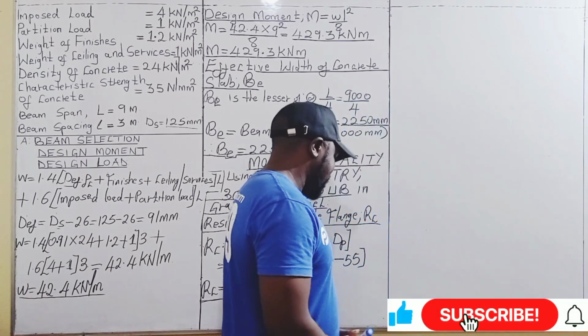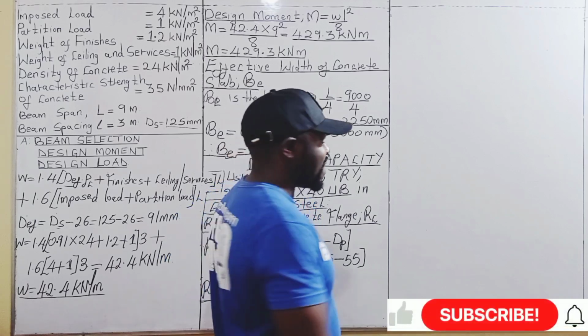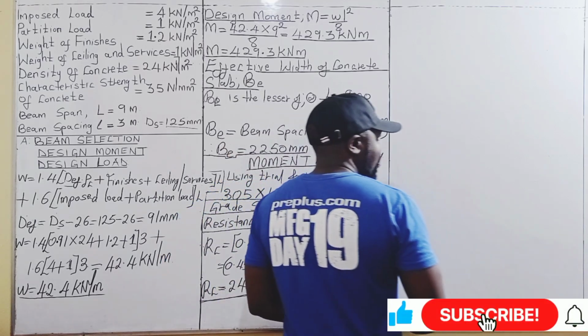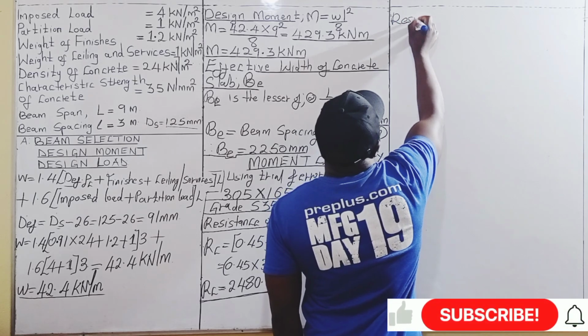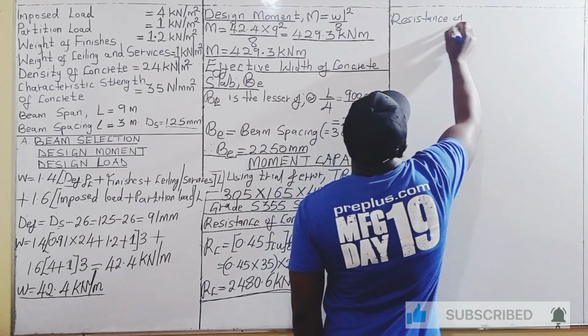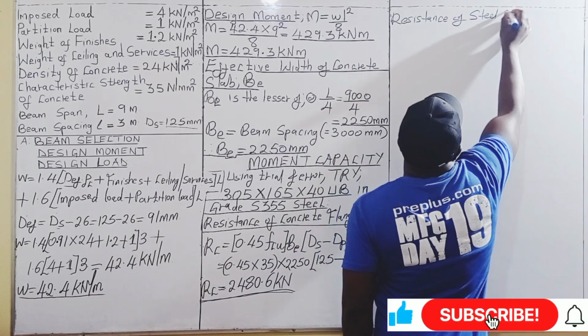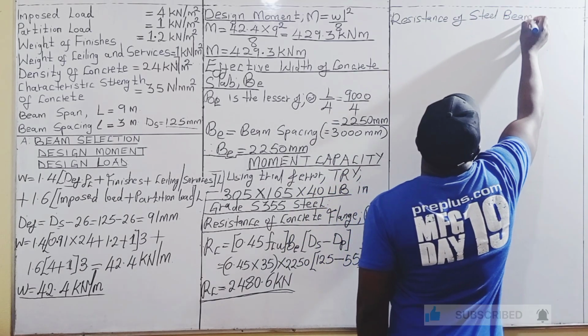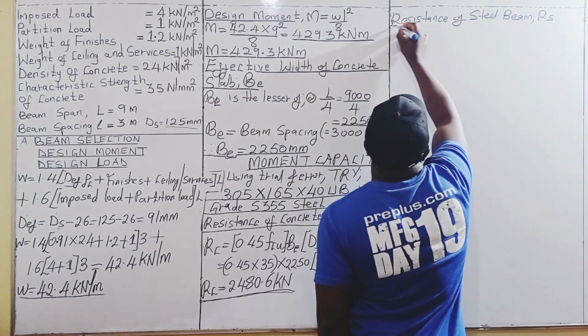After getting the value of RC, we are now going to determine the value of RS, that is the resistance of the steel beam section, which is denoted by RS.